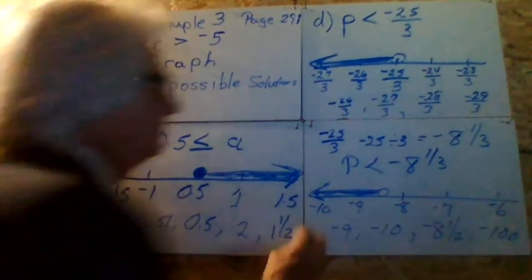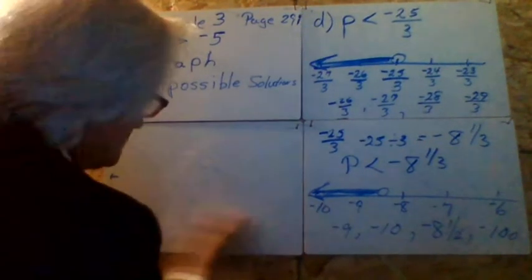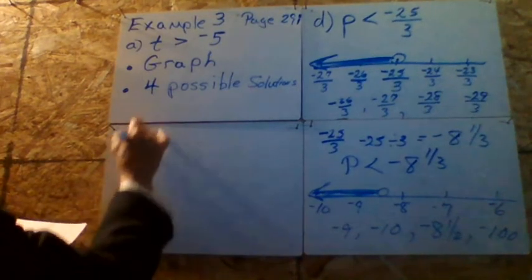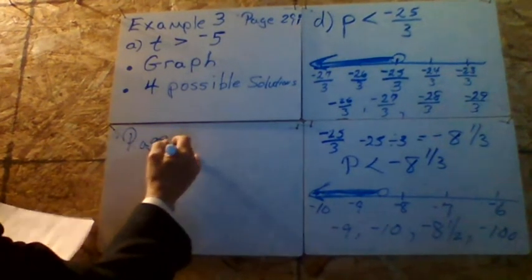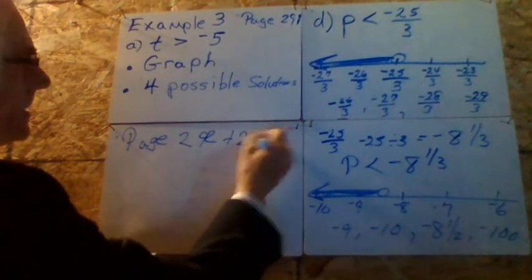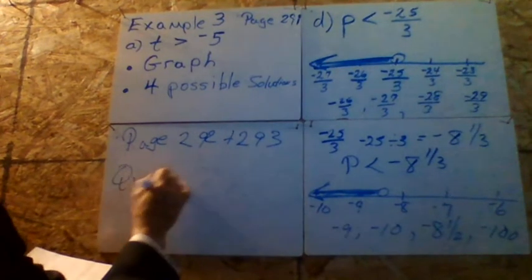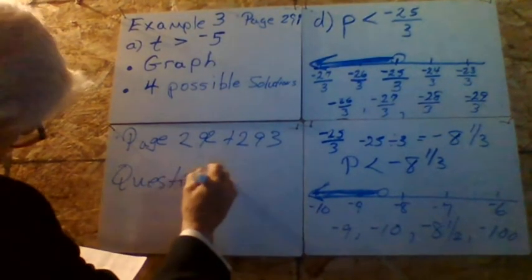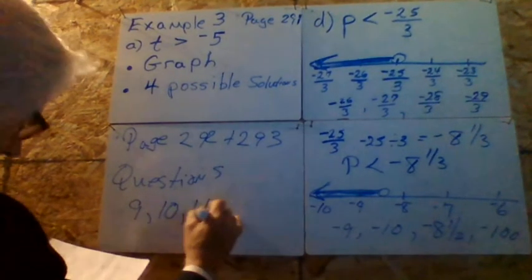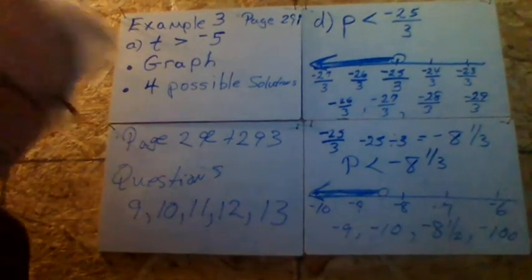Now that we've done that, these are the questions I want you to do out of the textbook. So do page 292 plus 293. And you're going to be doing questions 9, 10, 11, 12, and 13.